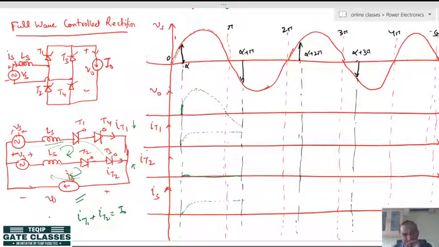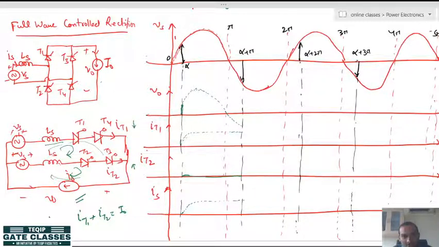So, what will happen here? Since all the 4 thyristors will be on, all the 4 thyristors are short circuited. This leg is also shorted, this leg is also shorted, so the output voltage will be 0.